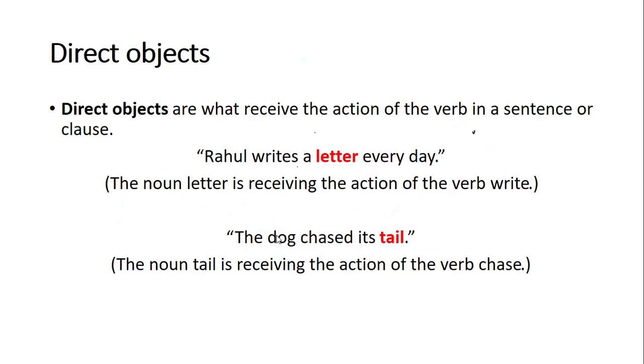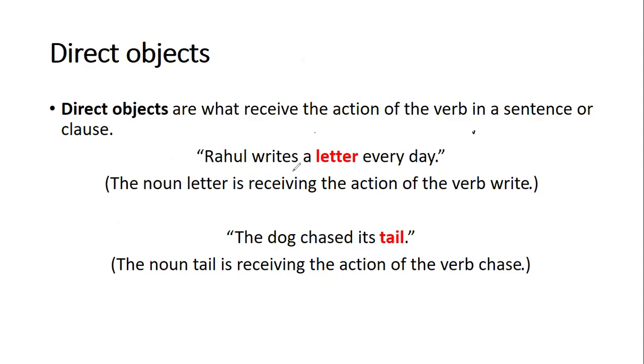So let's move further. Let's see two more examples. What we saw is that direct objects are what receive the action of a verb in a sentence or a clause. Basically, we'll be talking about sentences, not clauses. So let's see. Rahul writes a letter every day.